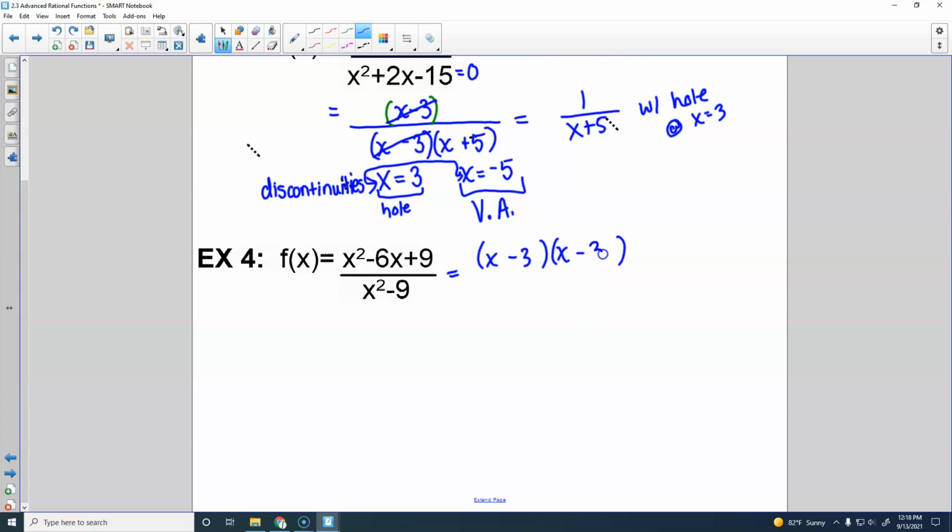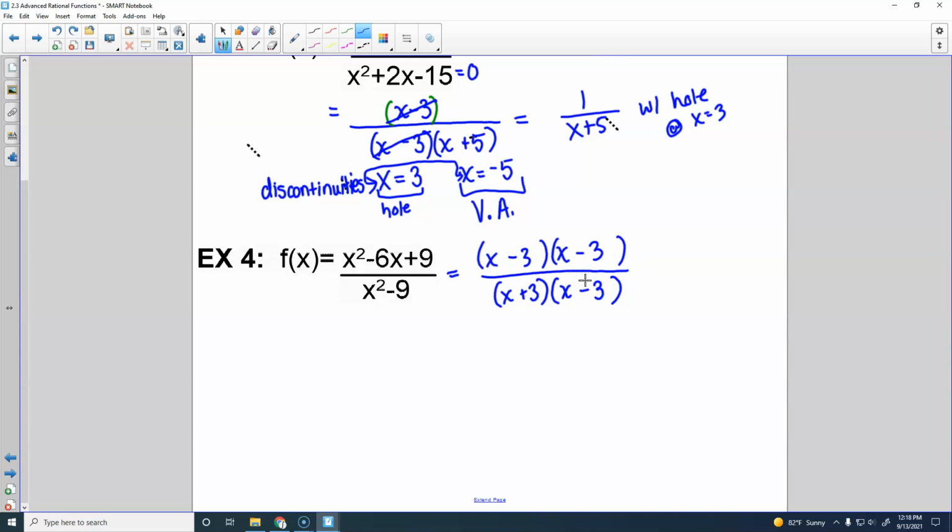Perfect. X minus 3 and x minus 3. In the denominator, Sarita, how's that going to factor? Good. X plus 3 and x minus 3, because you need those terms to cancel out, so you got a 0 in the middle. That's great.